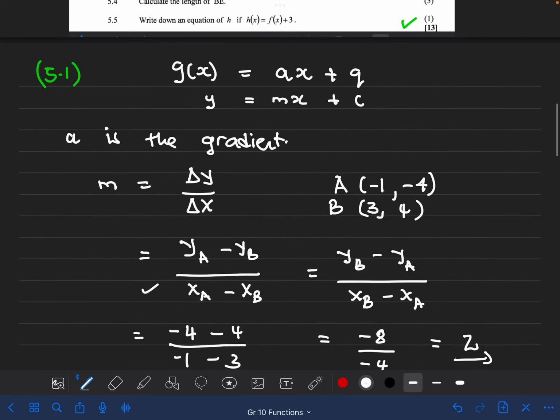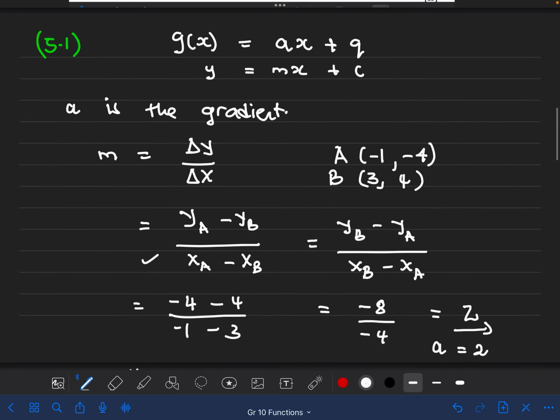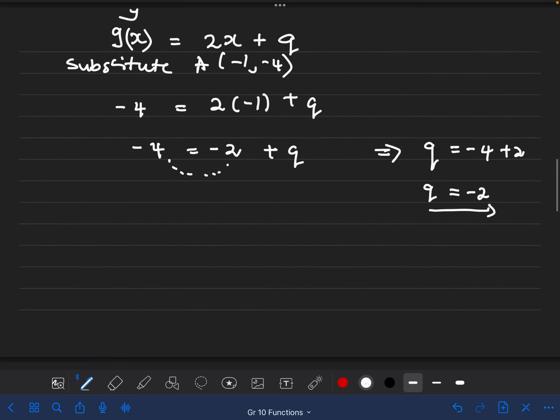So we have proven, or rather shown, that a is equal to 2 and q is equal to negative 2. Second question: determine the values of x for which f of x is equal to g of x. So this is question number 5.2. So the values of x when f of x is equal to g of x.